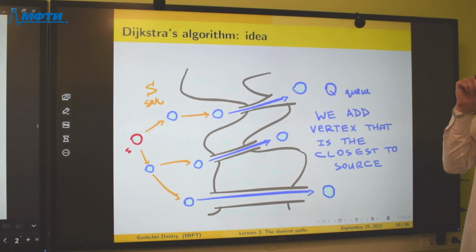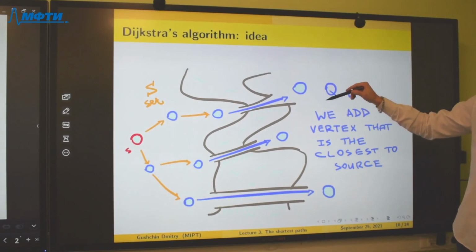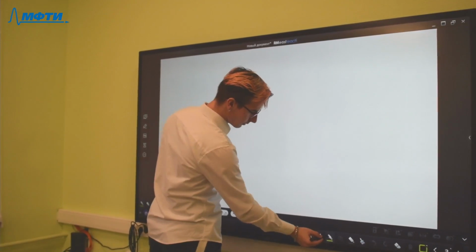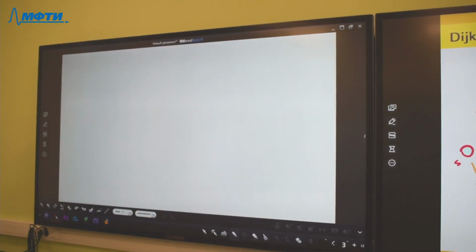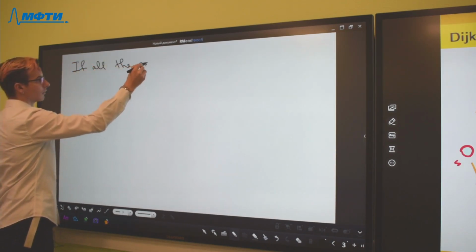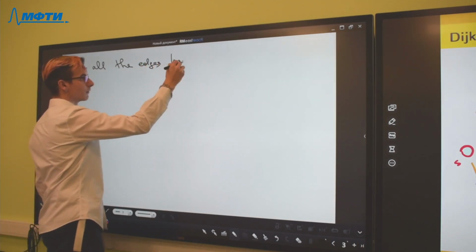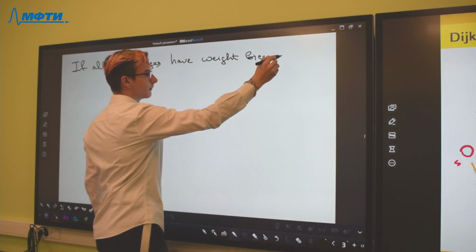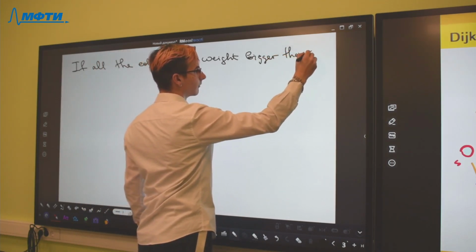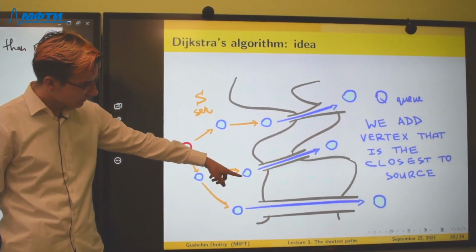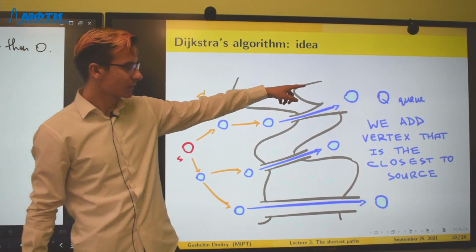Then we can say that, and it is important, if all the edges have weight bigger than 0, we have some vertices that are adjacent to the vertices in the set Q.